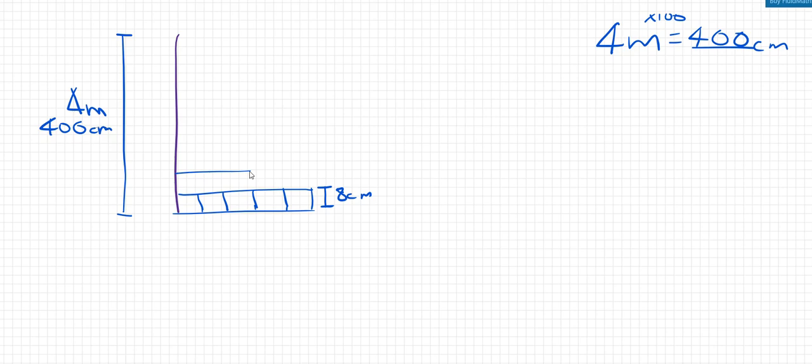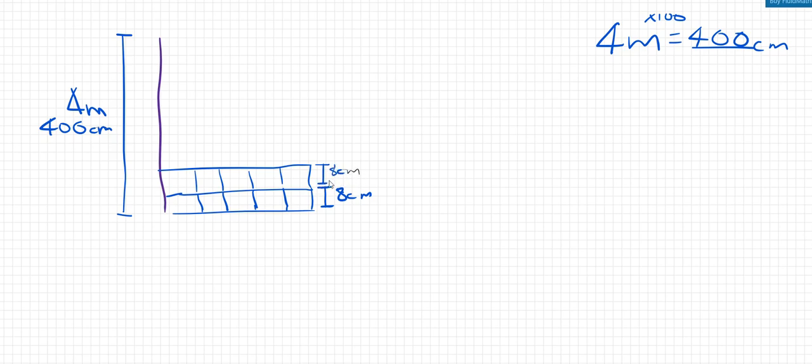So if I do another layer, here's another layer, our second layer. No, you don't lay bricks like that, but oh well. That is also going to be a layer of 8 centimeters. Okay, so each layer is 8 centimeters. Now, how many of these layers do I need to reach 400 centimeters, to reach 4 meters?